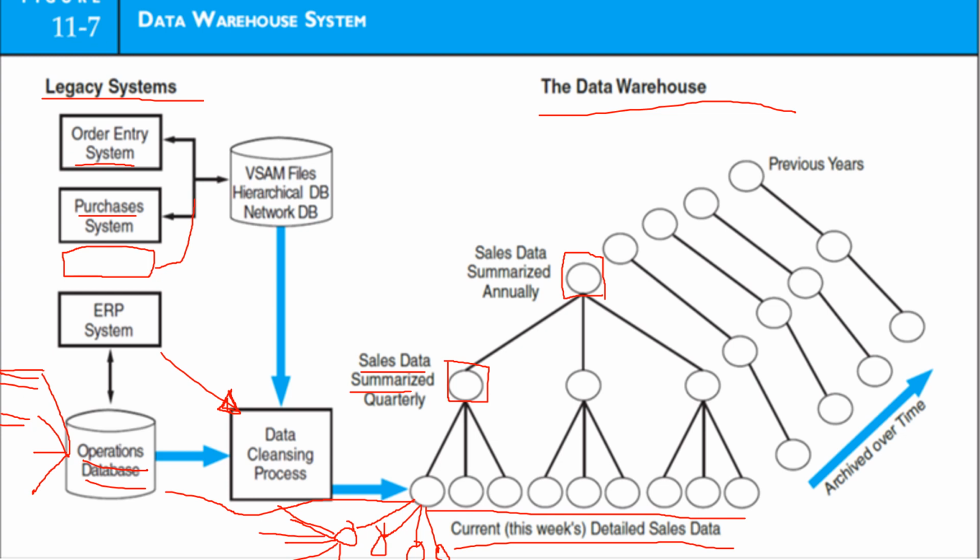Anyhow, it's not a matter, but we need to understand the difference between the data warehouse and the operational database. The operational database is based on transactions, recording the transaction, whereas here it's based on information extracted from the data warehouse.